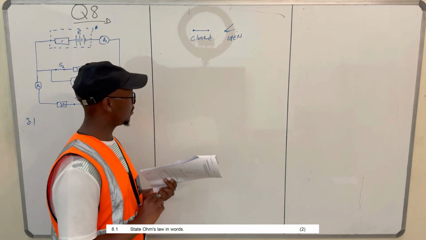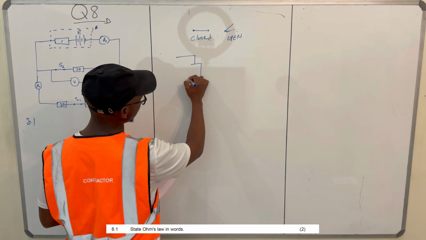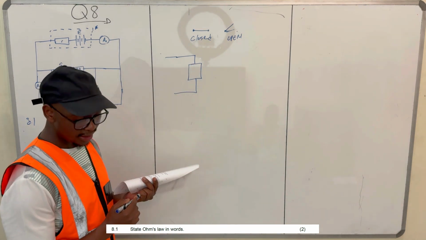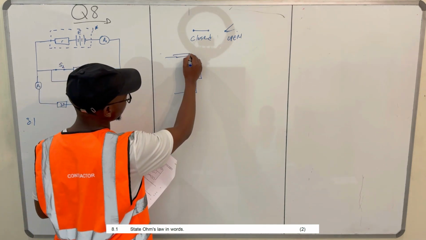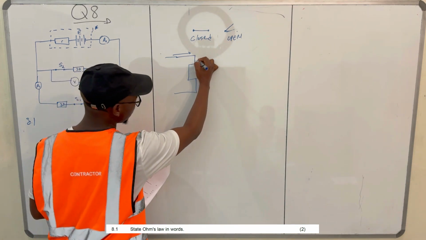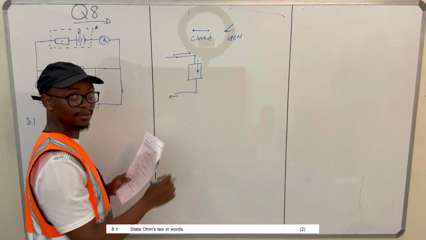Ohm's law says that if you have a resistor that is connected this way, and on that resistor there is current that is moving in this direction, and as you know, the current will pass through that resistor and go back to wherever it is coming from.